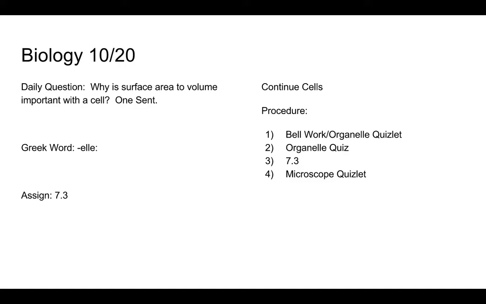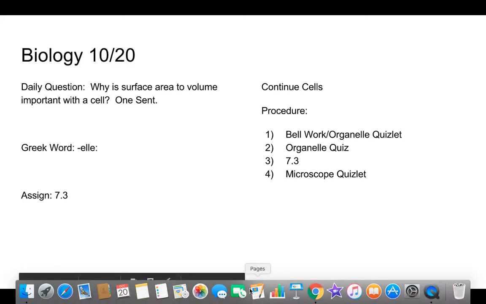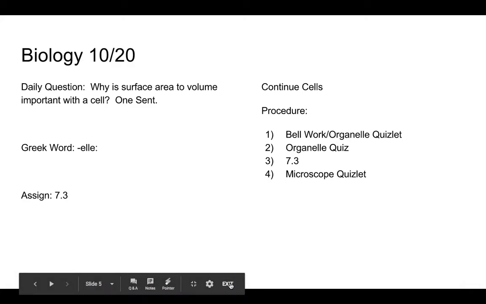Like the small, amino acids. Small parts. I changed it to not like this. But think of the organelle. The parts of the cell, are they big or are they small? They're tiny, they're small, okay?